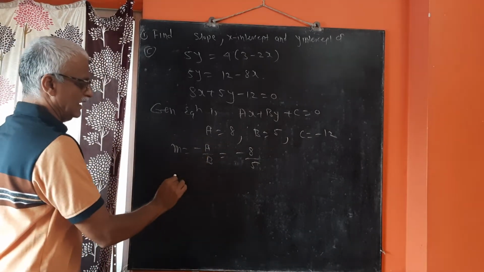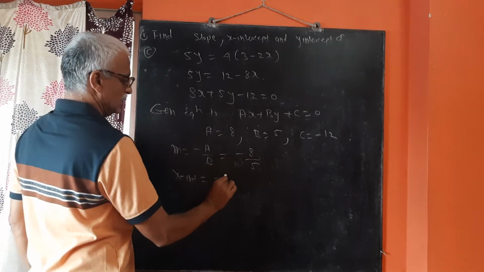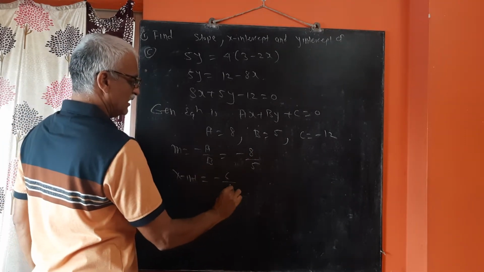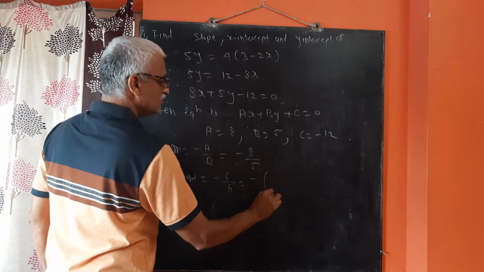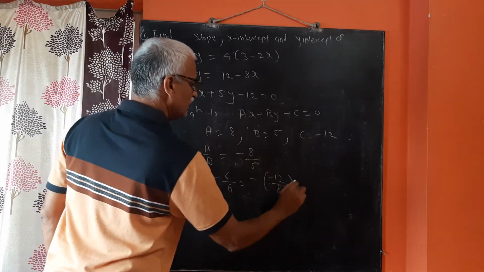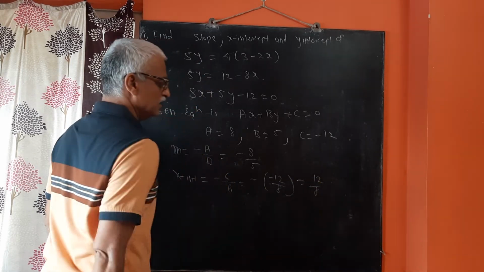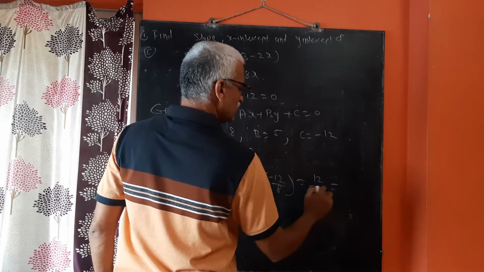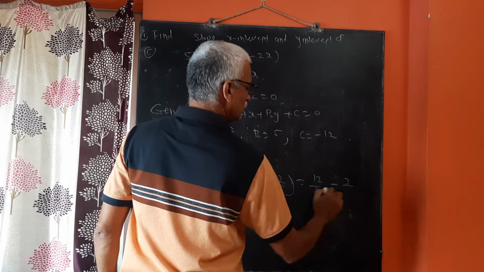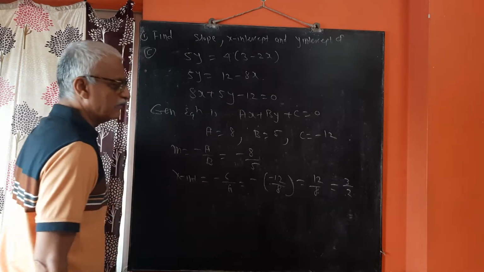Then x-intercept is equal to minus c upon a. That is minus of minus 12 upon a. A is 8. That is minus minus plus, that means 12 upon 8. Or we can write 12 upon 8 as 3 by 2. 4 2s are 8, 4 3s are 12.